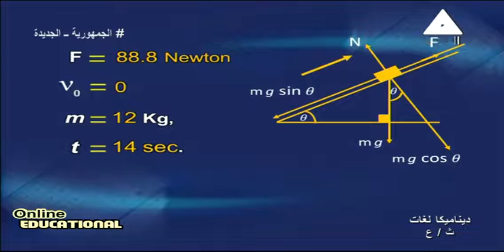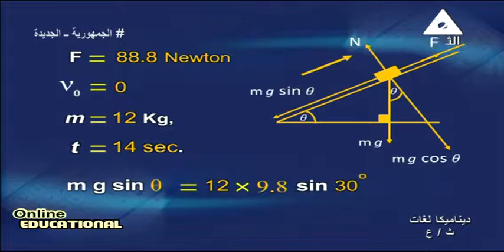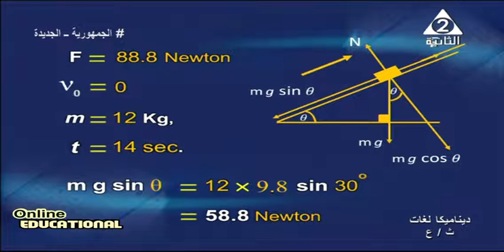Then mg sine theta equals 12 times 9.8 times sine 30, equals 58.8 Newton. Now we have the magnitude of the force is 88.8 Newton, and the magnitude of the component mg sine theta equals 58.8 Newton.